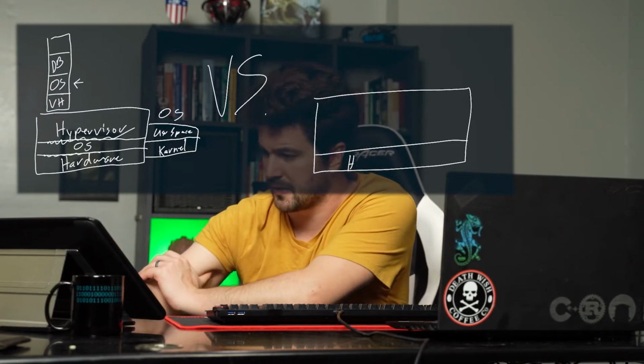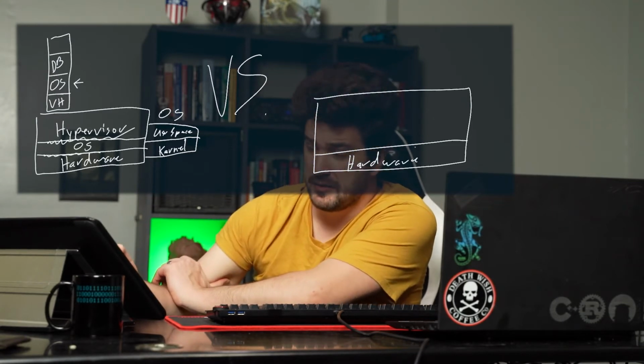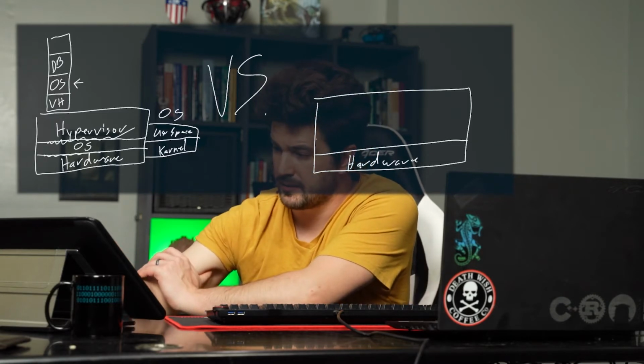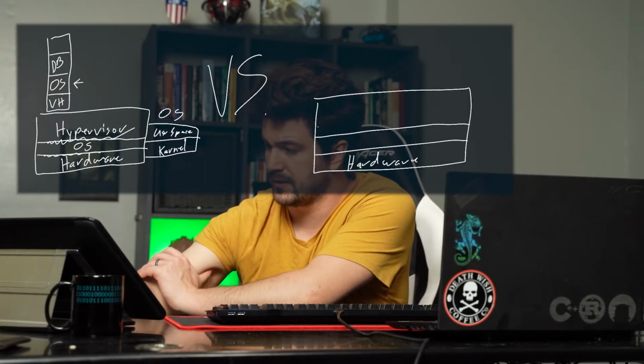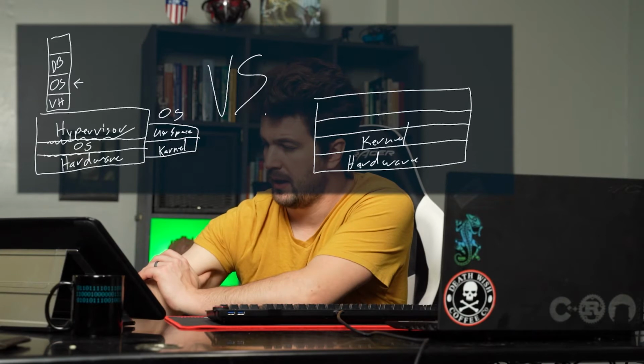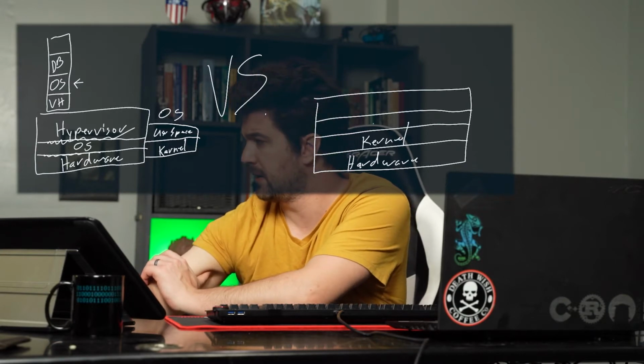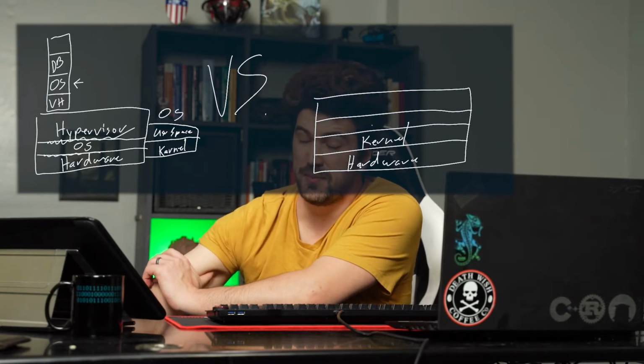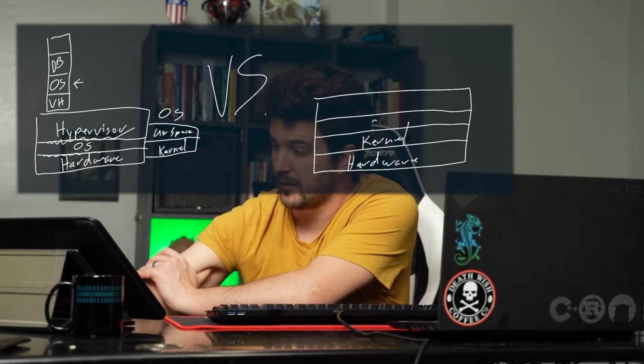But again, it's hardware. And then this would have its OS. Let's break this down evenly like this. It would have its kernel, and it would have its OS on top of that.